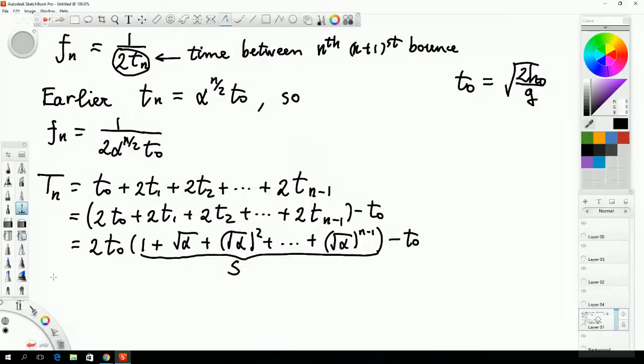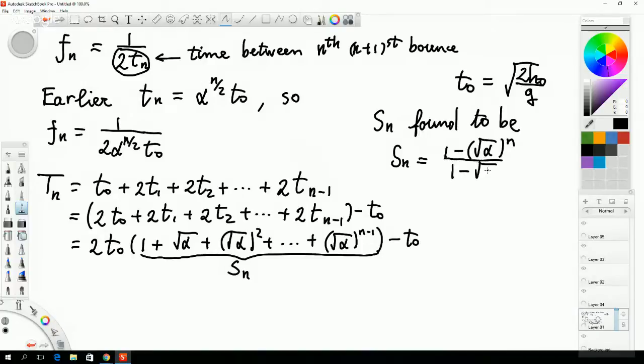You end up with, so actually I should probably be calling this Sn instead of S because it depends on n. So if you calculate Sn, you will find it to be Sn equals 1 minus square root of alpha to the n over 1 minus square root of alpha.